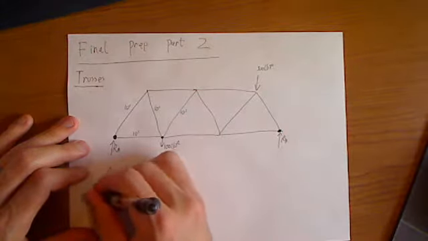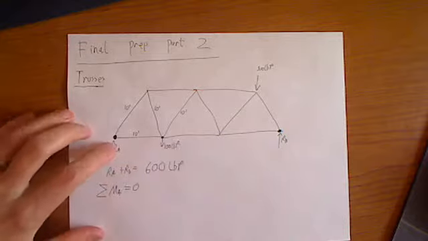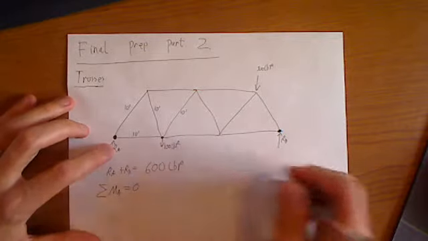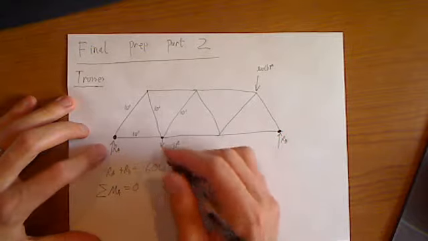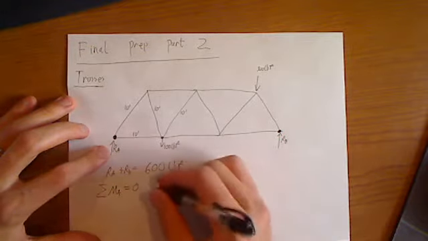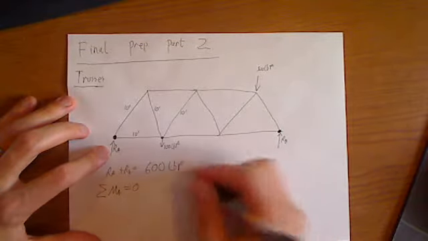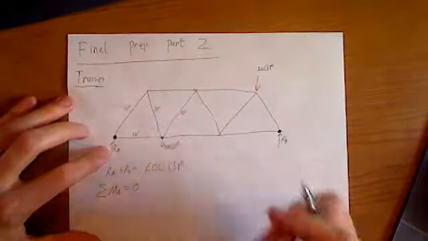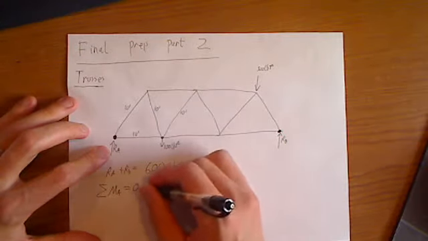And we know that the sum of the moments about A equals 0. Always the case, still is the case. So, find the moments about A. We have 100 pounds times 10 feet. And that's a moment in the negative direction, according to the right-hand rule.